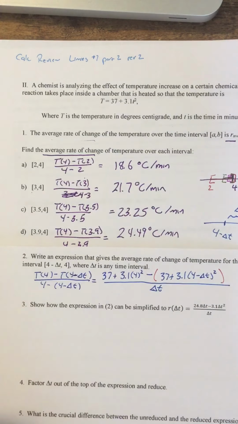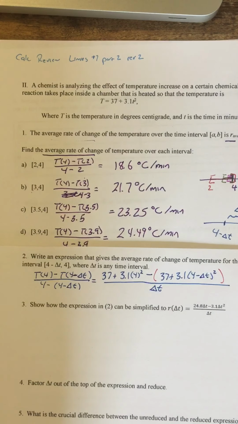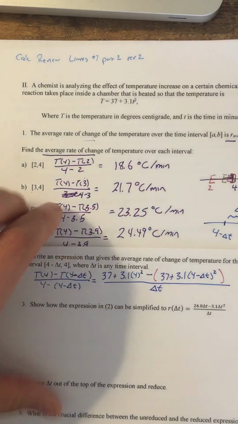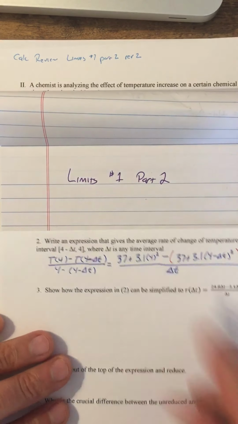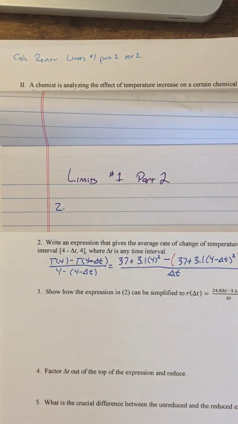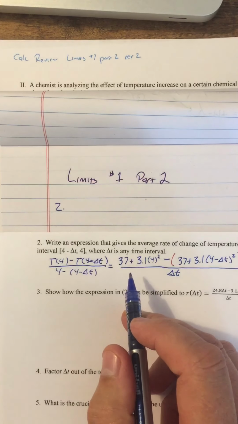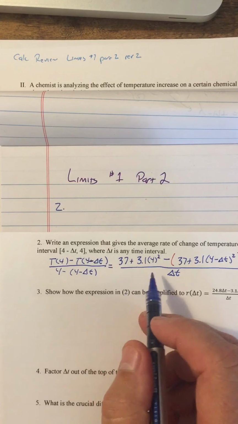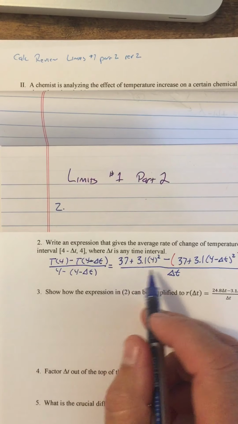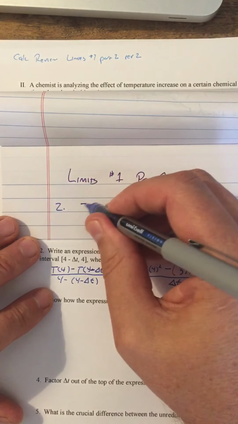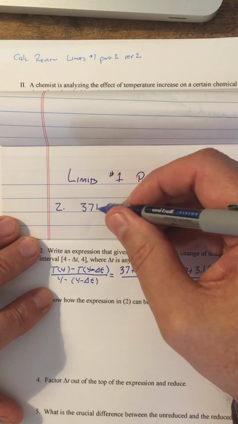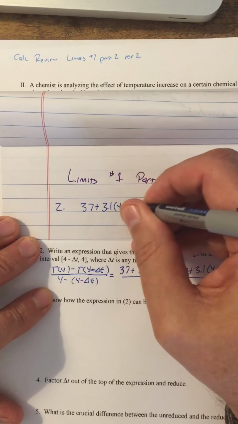Okay, let's carry that to a separate paper now. So I have this expression. So this is number 2. Now let's see what happens. I can also think ahead to how this is going to be 37 plus 3.1 times 4 squared. I'm just lazy.